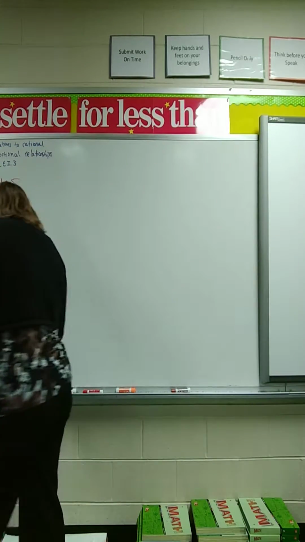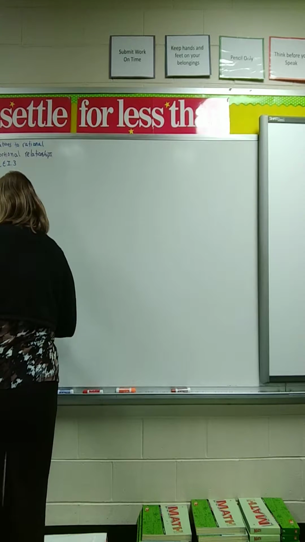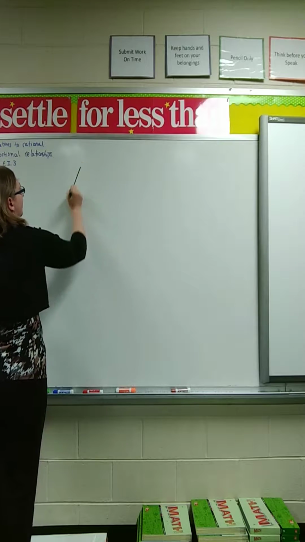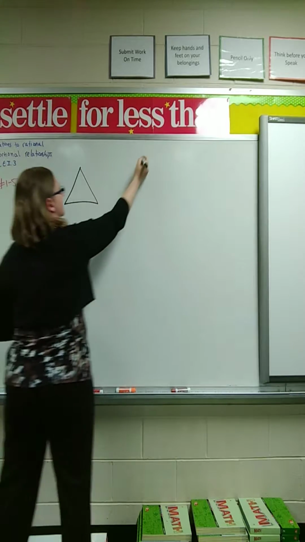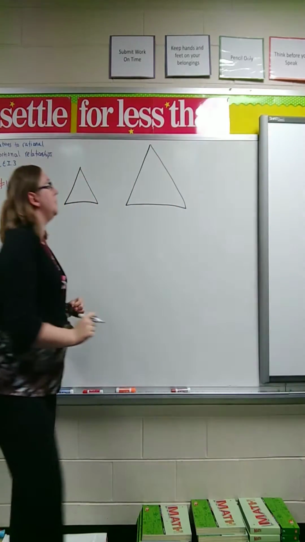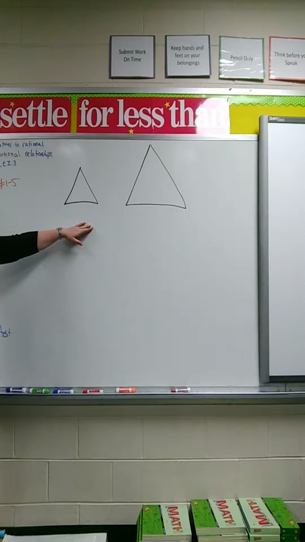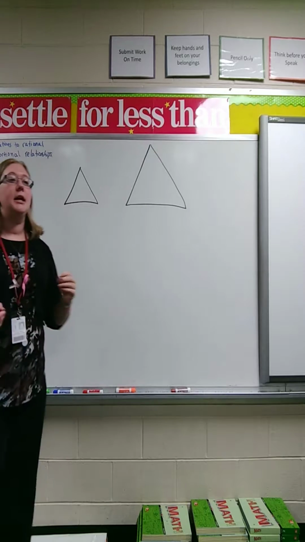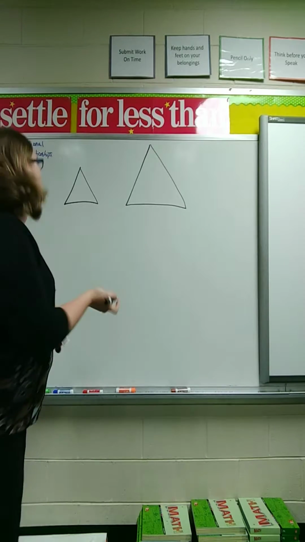So, if we have two figures, and we're going to look at example 1, and example 1 has triangles, so I'm going to draw in triangles. Do those triangles look about the same? Different sizes, but they look about the same? Here's how we identify the angle measures as being the same.